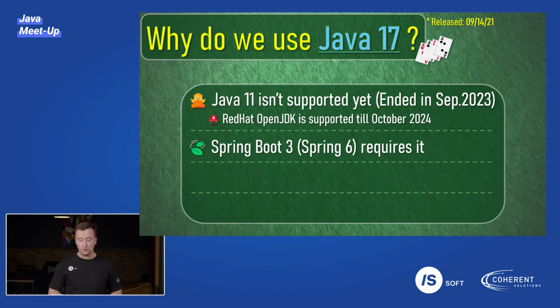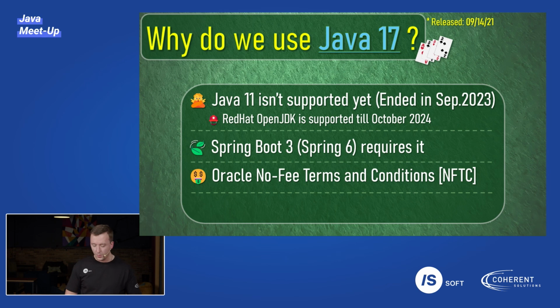Spring Boot 3 and Spring Framework 6, which we have under the hood of Spring Boot 3, require it, because this version was built on top of the new Java features. And if you want to use new Spring features, a stable version without any vulnerabilities, you have to move to a new version of Java.